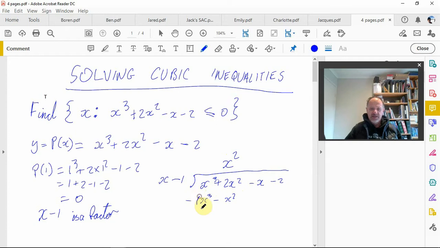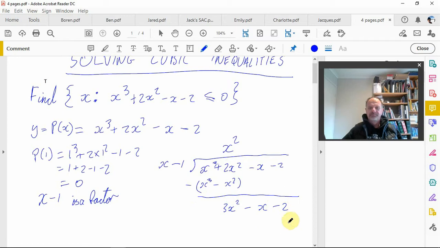Then we take those away. x cubed take x cubed is 0. 2x squared take minus x squared, so that's 3x squared. Then minus x and the minus 2 bring them down because we still have them.